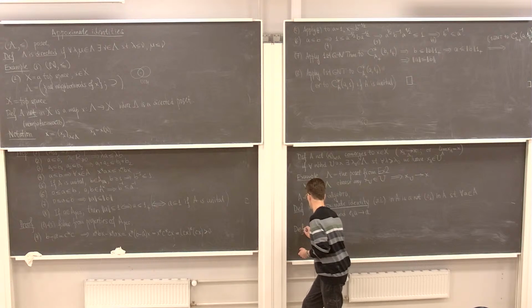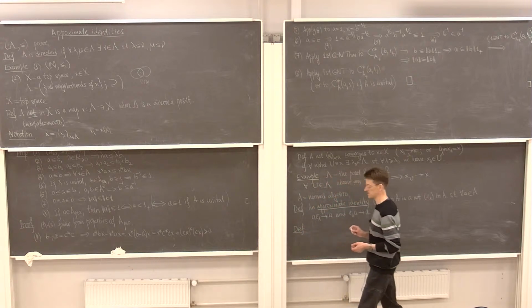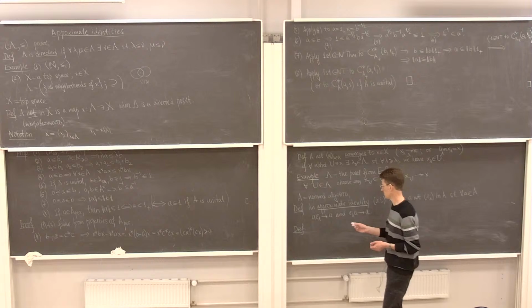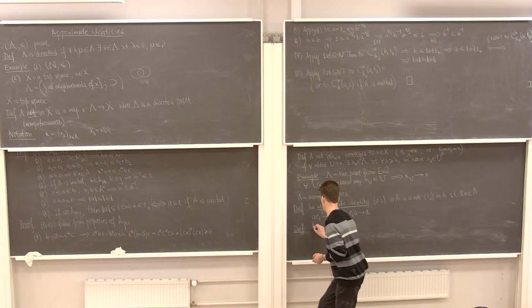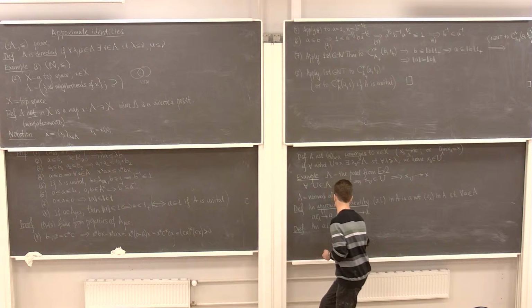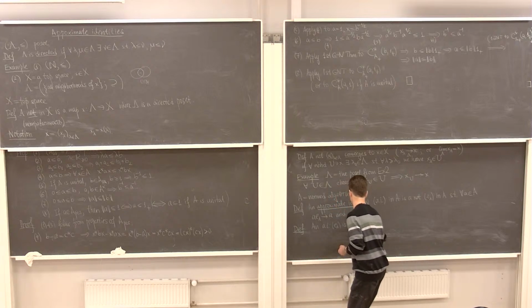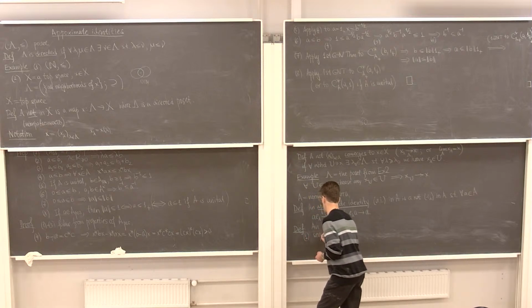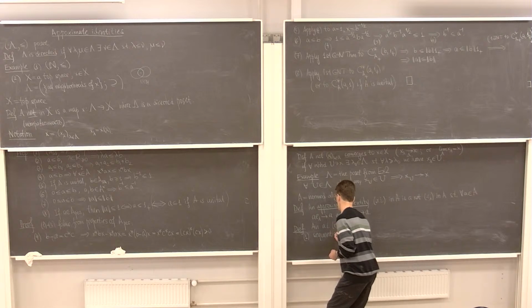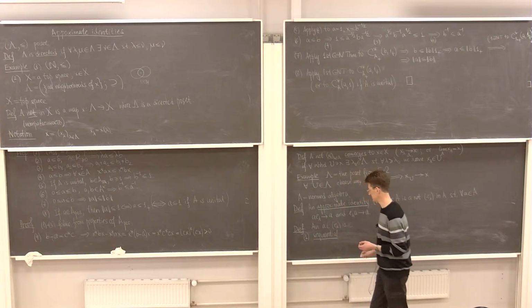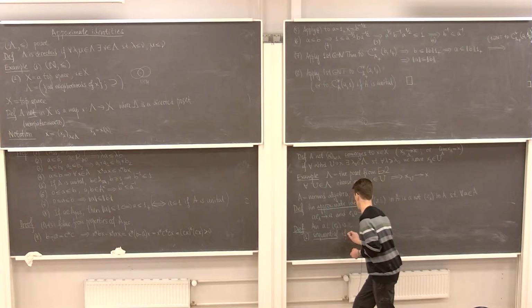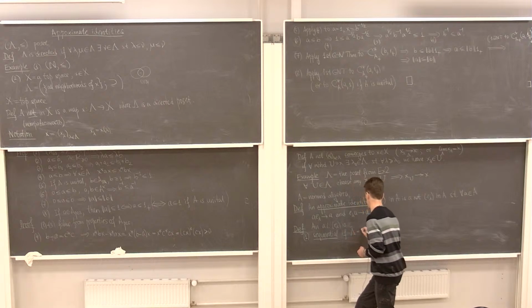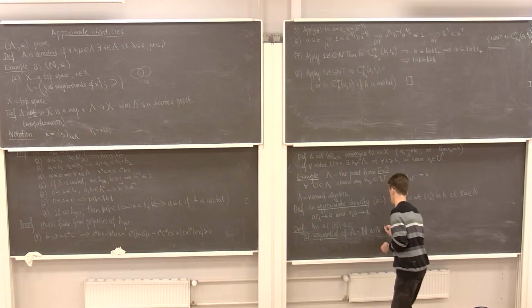Sometimes it is convenient to consider approximate identities with some specific properties. We say that an approximate identity e lambda is sequential, property 1, if it is a sequence, that is, if the set lambda is the set of natural numbers with the standard order relation.